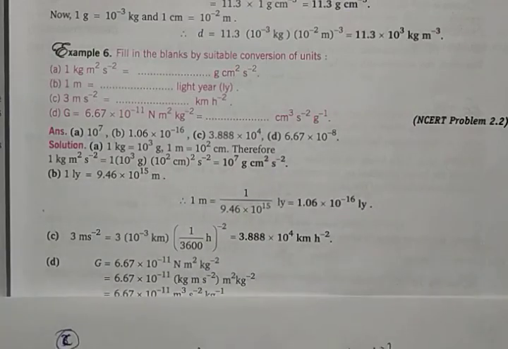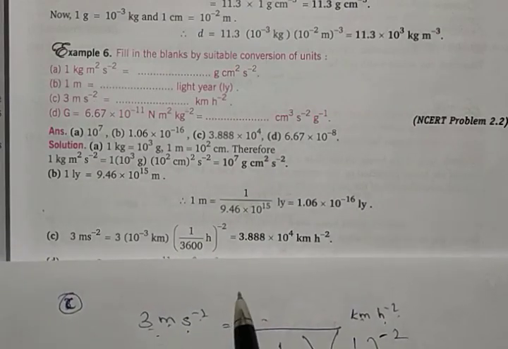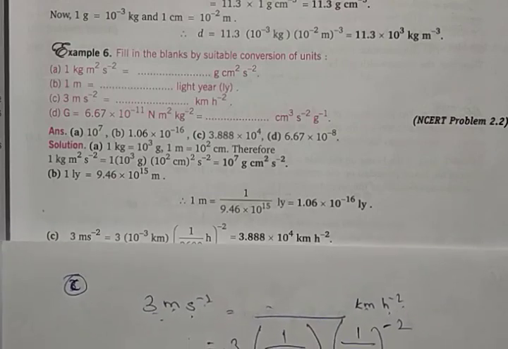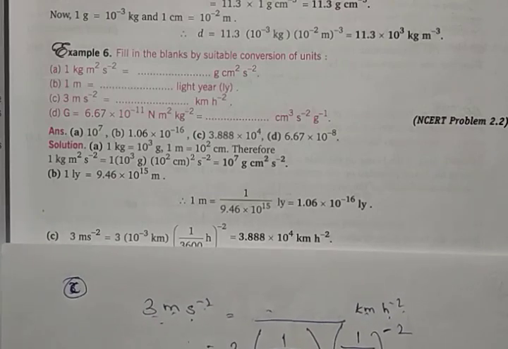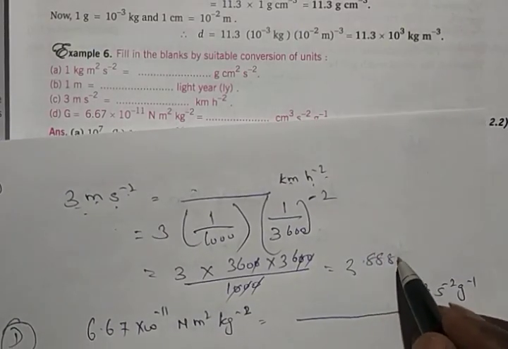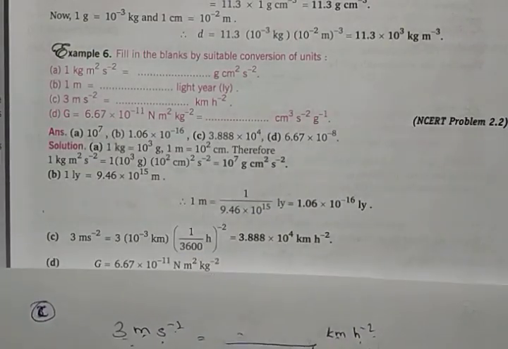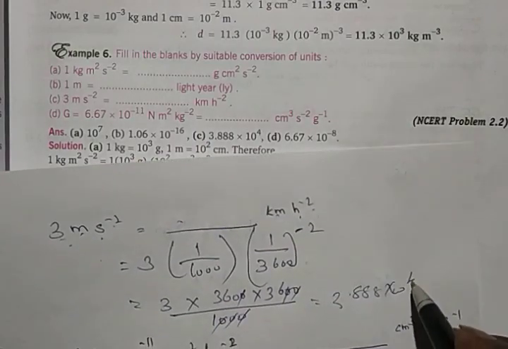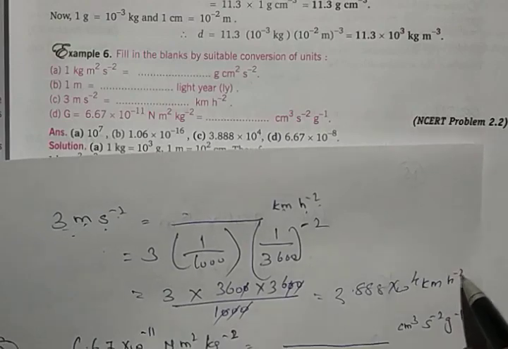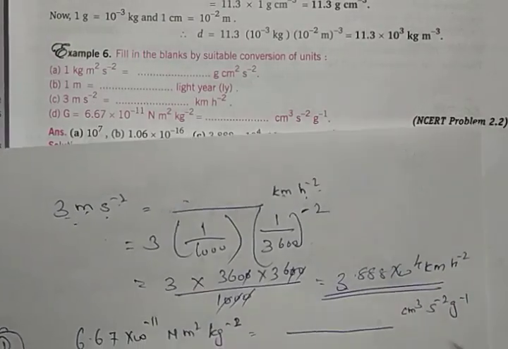The answer which is given here is 3.888 into 10 to the power of 4 kilometer per hour square. So that's going to be the answer here.